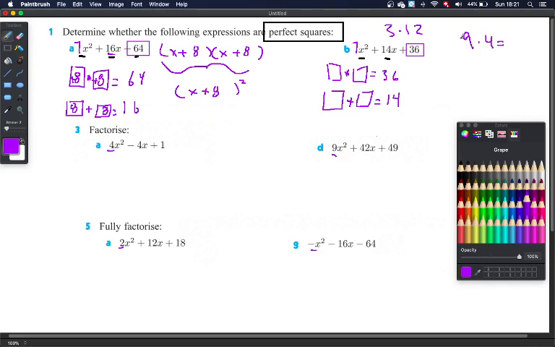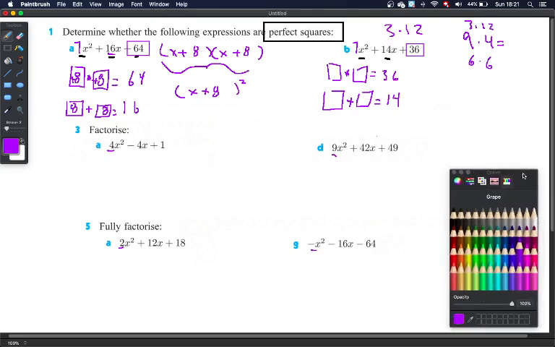All right, so what have we done so far? We've done 6 times 6, 3 times 12, 9 times 4. What are some other factors that give us 36? Well, there's 2 times 18, right? But that doesn't give us 14 either, all right?